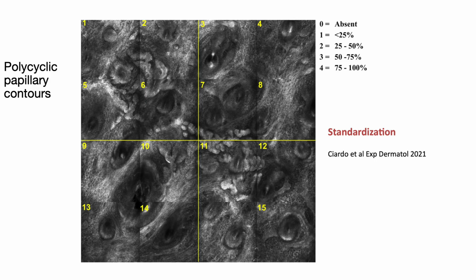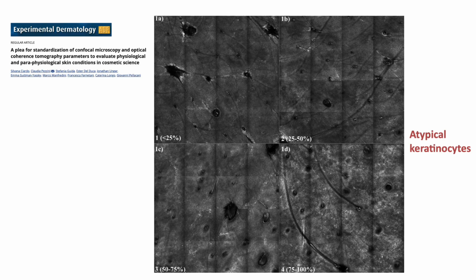You can see here as an example the presence of a 2 by 2 millimeter square, in which we are able to identify 15 smaller squares, and according to the amount of squares including the feature that we are counting, we are able to understand the degree of extension of this specific feature, as you can see here. And the same thing can be performed for atypical keratinocytes, for instance, as you can see in this slide.